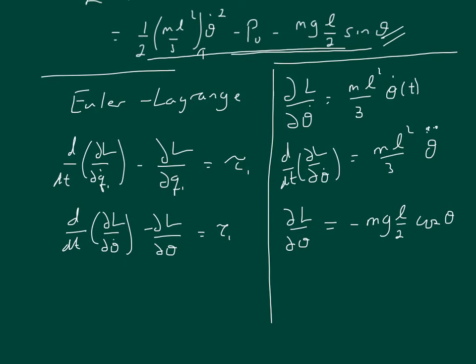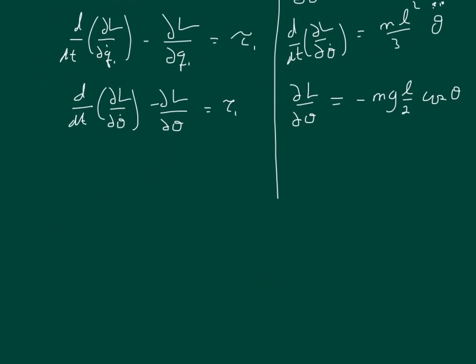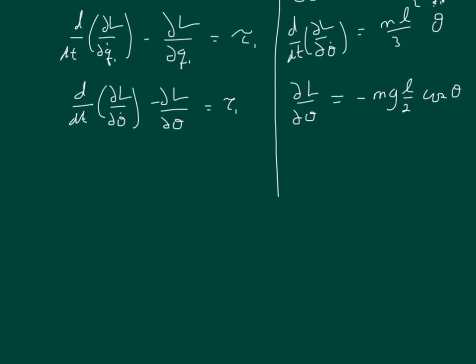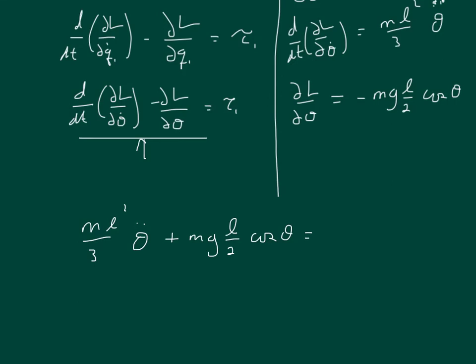Okay, so now we're ready to plug into the Euler Lagrange equations, and in that case we get ml squared over 3 theta double dot plus, because of the minus sign there, mg L over 2 cosine theta is equal to the generalized forces, which in our case is tau minus b theta dot.